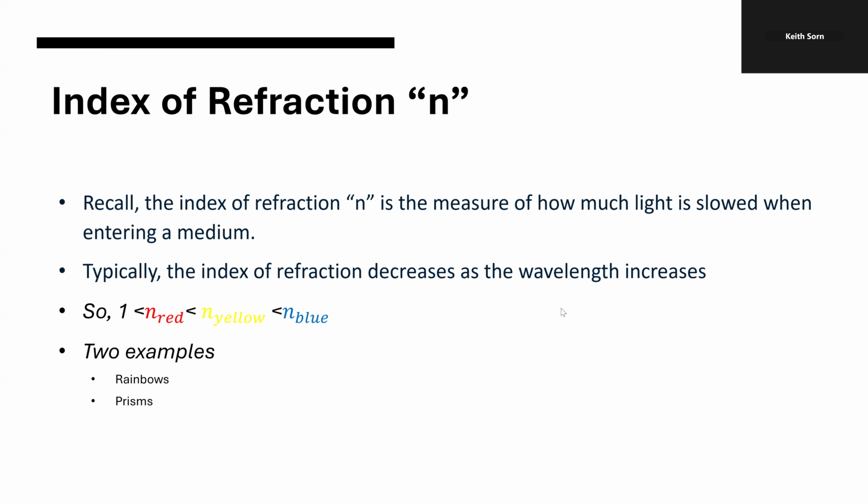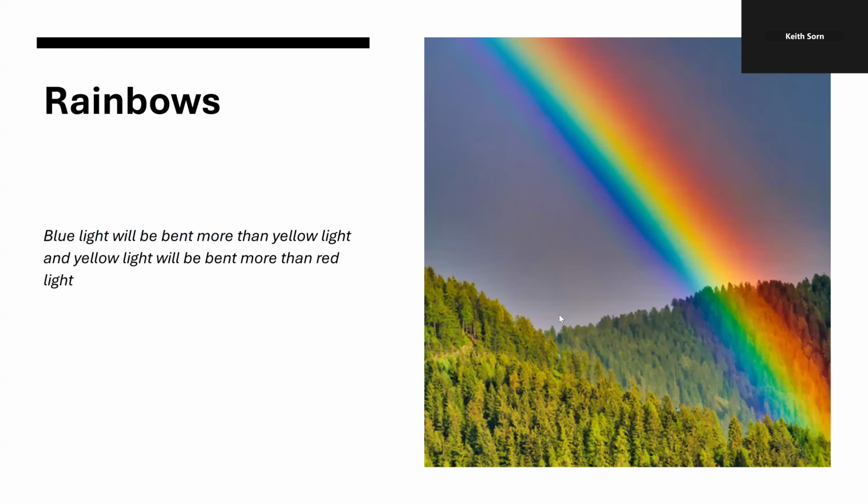Let's take a look at that when it applies to rainbows. And we look at how the light in a rainbow, the blue is bent more than the yellow, and the yellow is bent more than the red.